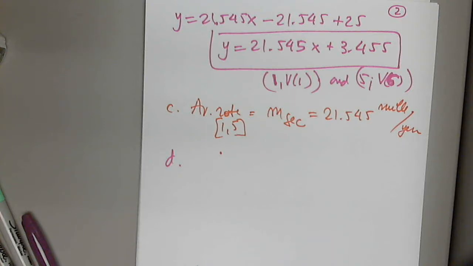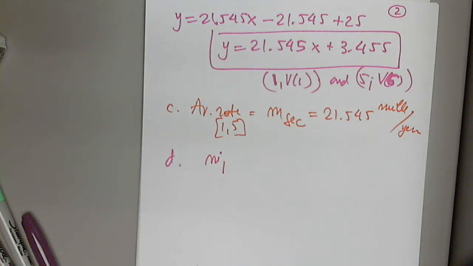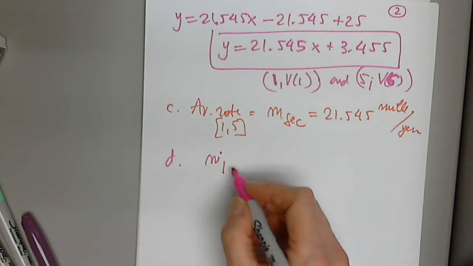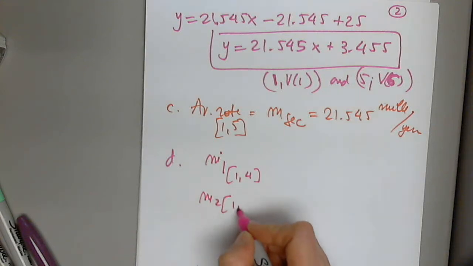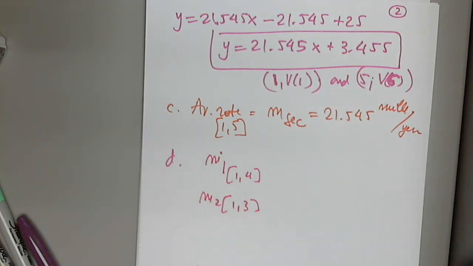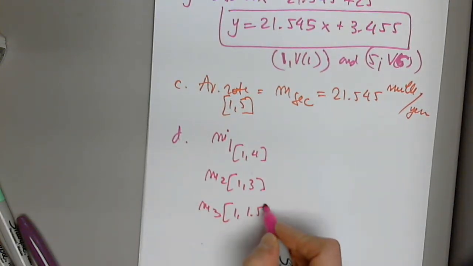They're giving us three different slopes. So they want slope 1, right? Between 1 and 4. They want the second slope between 1 and 3. Slope 2 between 1 and 3. And they also want the last slope between 1 and 1.5. Slope 3 between 1 and 1.5.